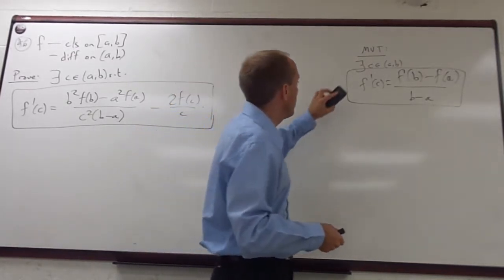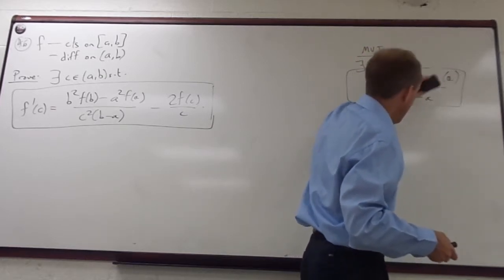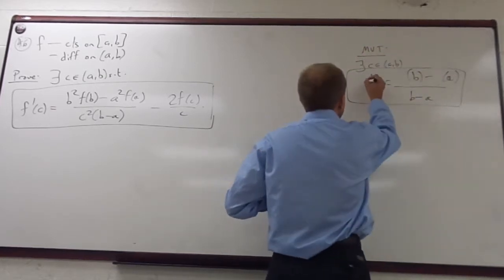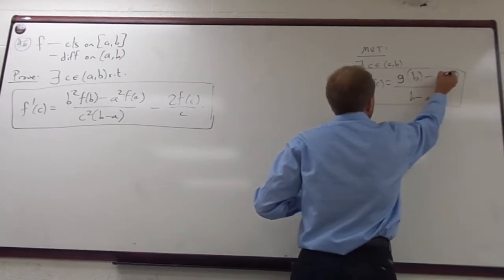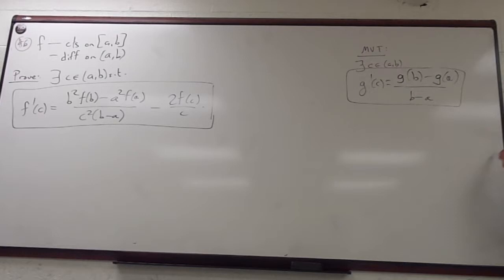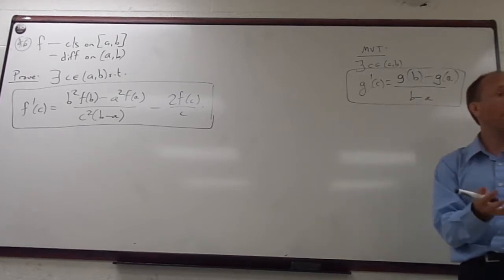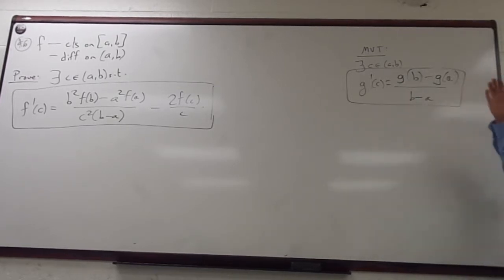I'm going to change the notation so you don't start thinking it's the same function on both sides. Maybe there's some other function g that still has to be continuous and differentiable in the right places, but we could apply this to some other function.